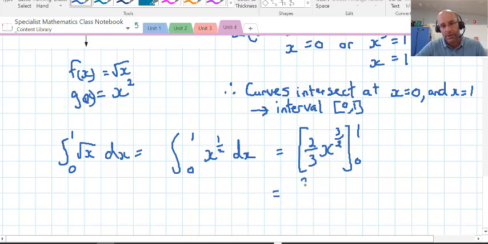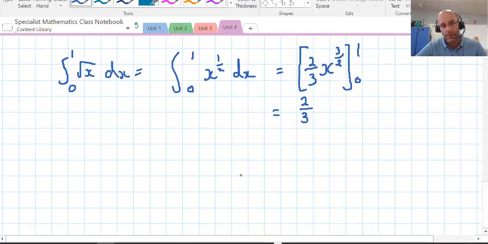When we sub in 1, we get 2/3. When we sub in 0, we get 0. So that part's 2/3.